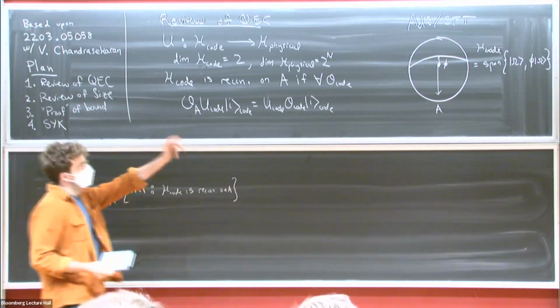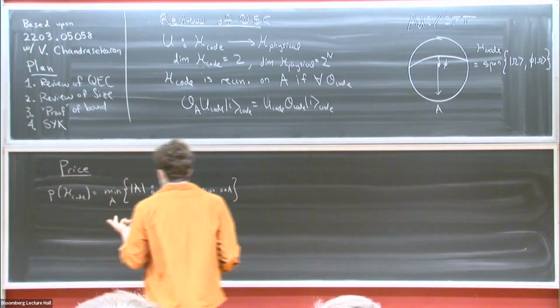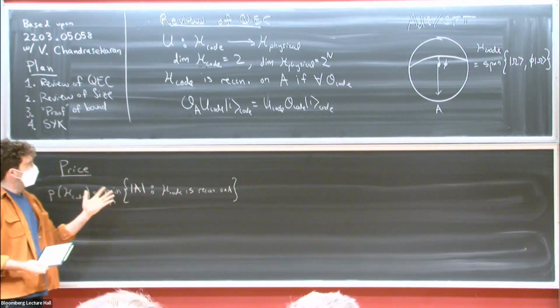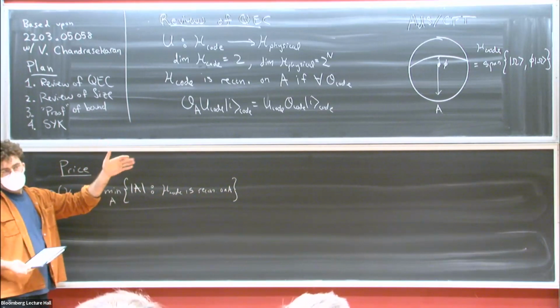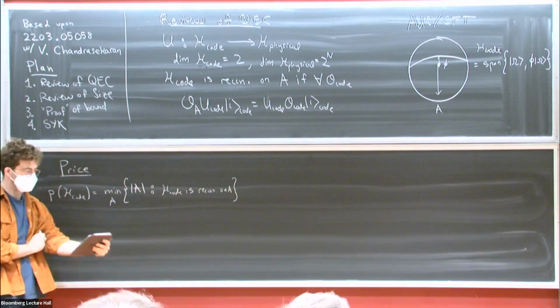In higher dimensions, maybe you want to take some physical size of the boundary region. What we're going to talk about today, this measure is going to be the number of qubits that you need in the physical Hilbert space to reconstruct this operator. So it's a cost of qubits.